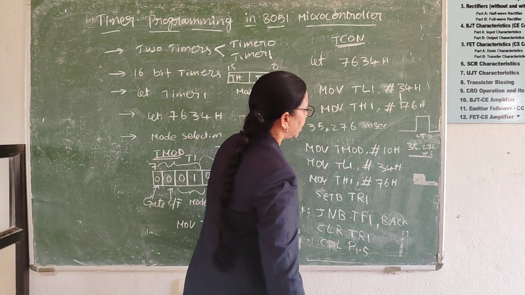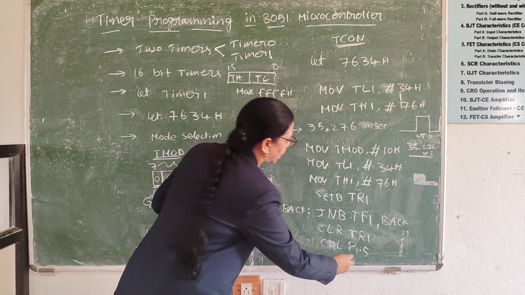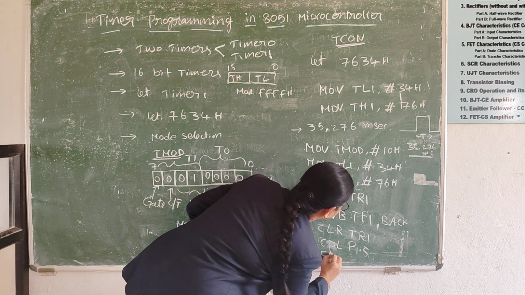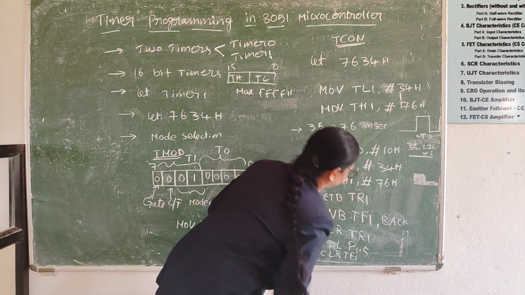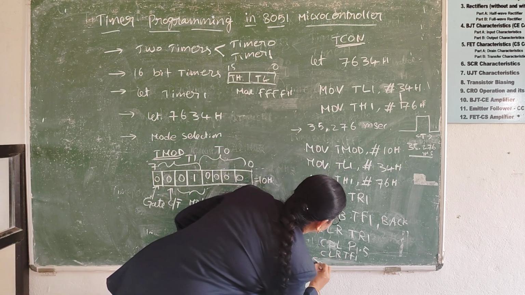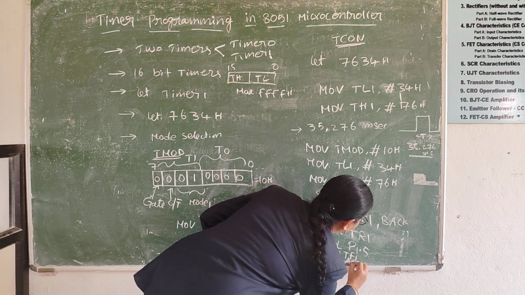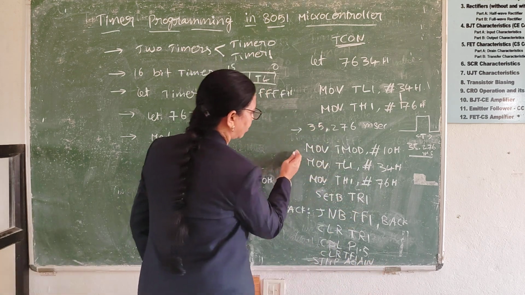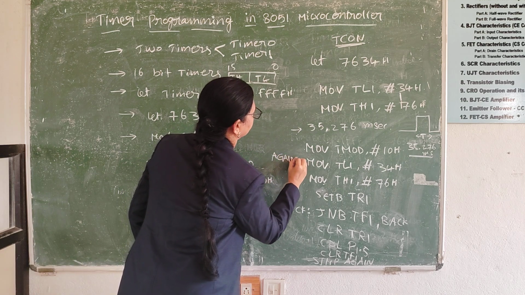For this clock signal to be repeated, we have to keep this in a loop. Complement the pin, next clear the flag for the next counting, and then use SJMP back to the start. So it will be repeated continuously.